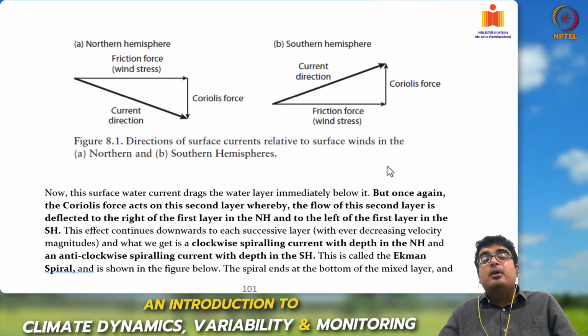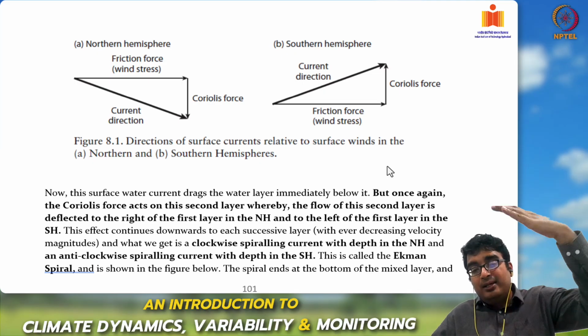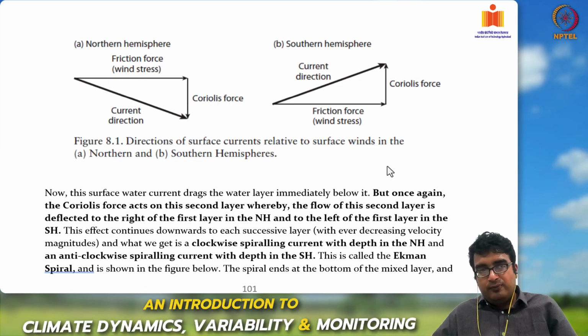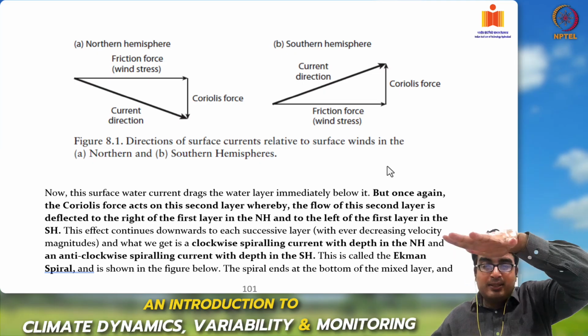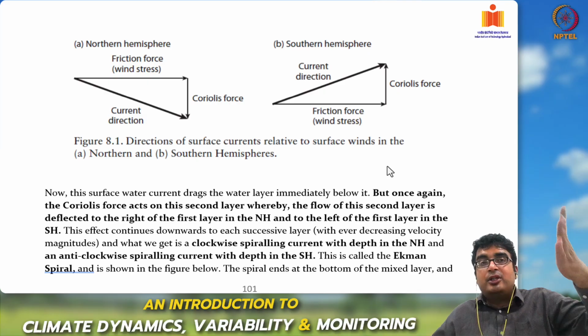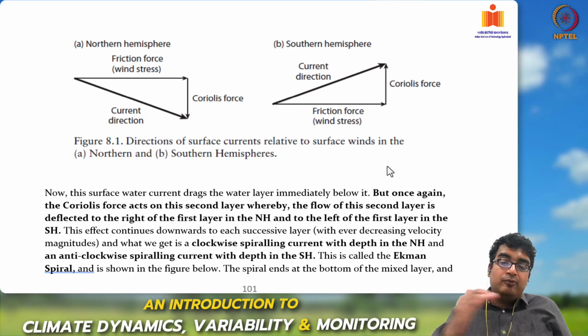Now, this surface current drags the water immediately below it as well. So, there is a cascading effect of the frictional force. The water moving along the surface will have a frictional effect on the water layer directly below it, and it will drag it in the same direction as the surface current is moving.